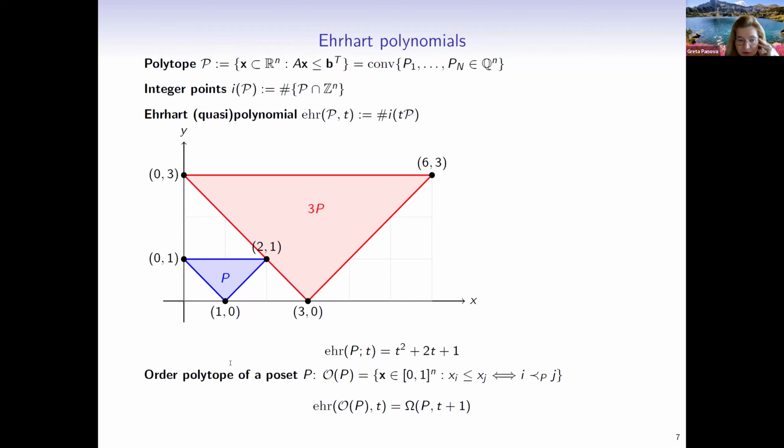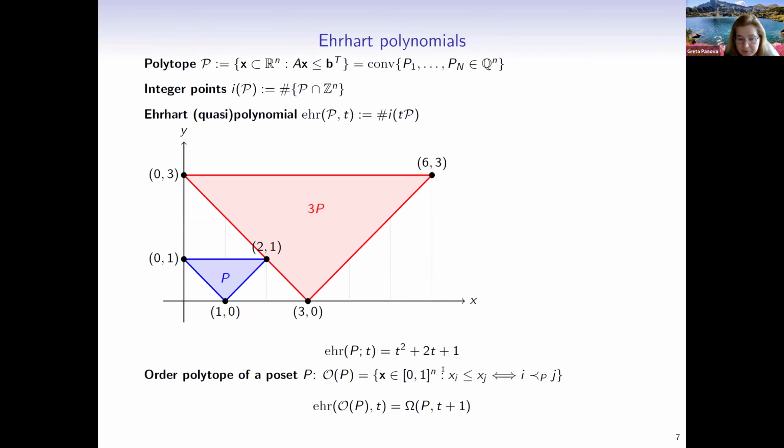If you take the order polytope of a poset, the order polytope is basically confined to the cube of side 1 of dimension n, and the inequalities are defined by linear inequalities between the variables: x_i is less than or equal to x_j if and only if i is less than j in the poset.